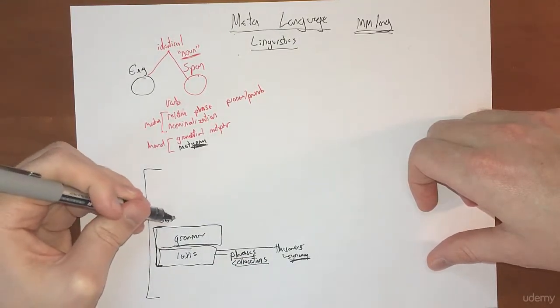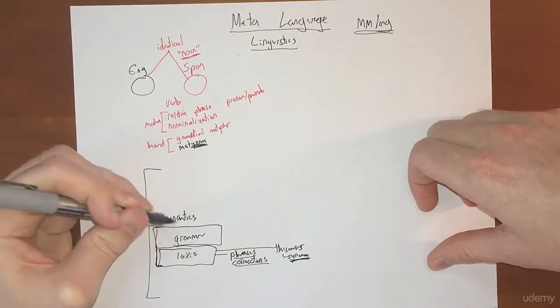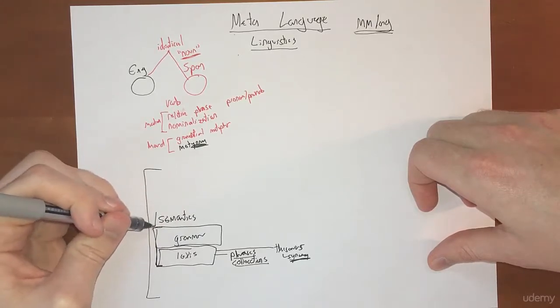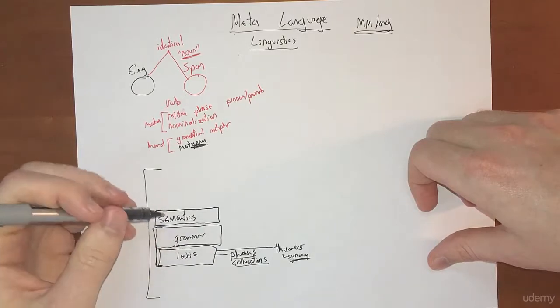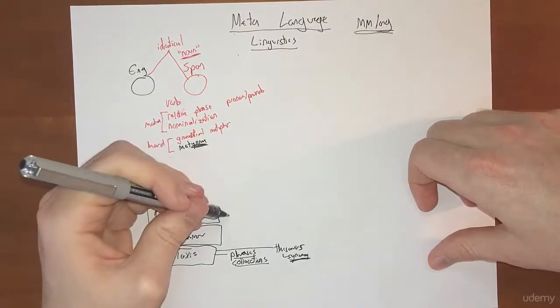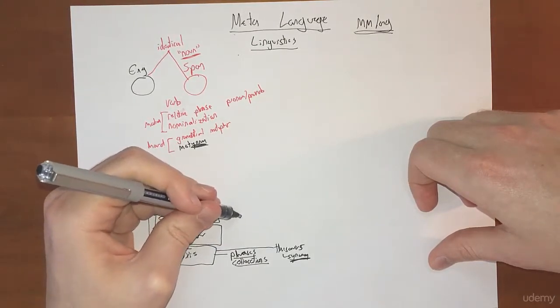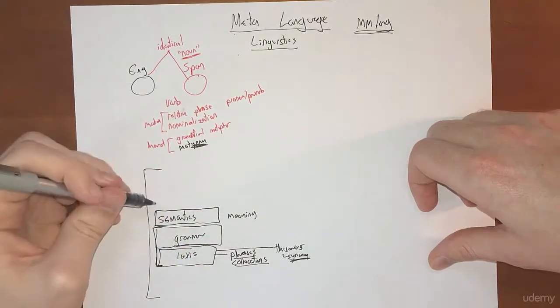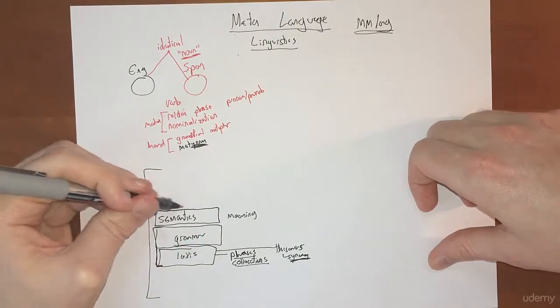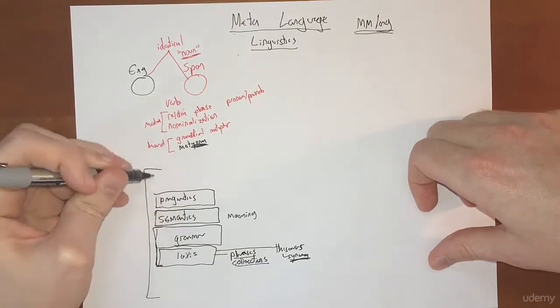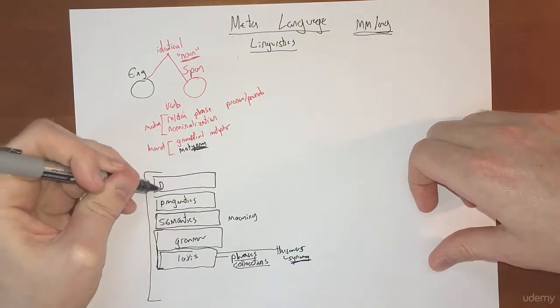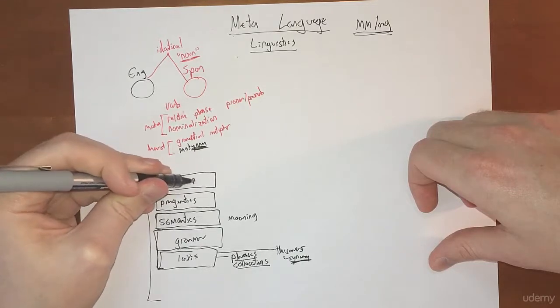Okay, so these are the ones we tend to learn about. Sometimes you'll get a little taste of semantics, which is what is the real meaning of some of the bigger chunks. What is the meaning of the sentence? We go above that and we get things like pragmatics and discourse patterns.